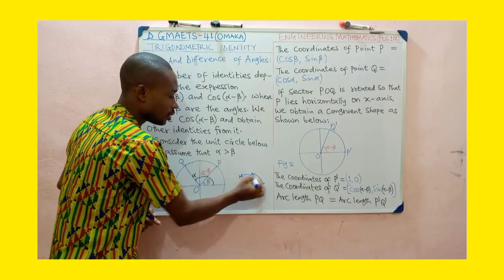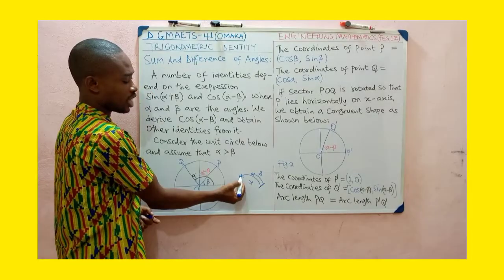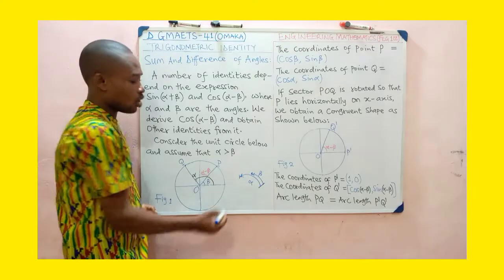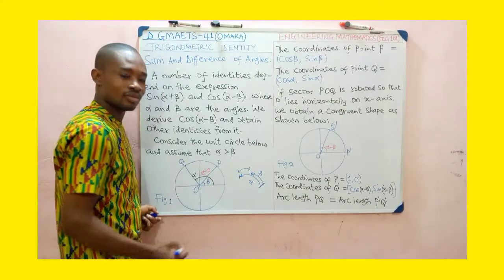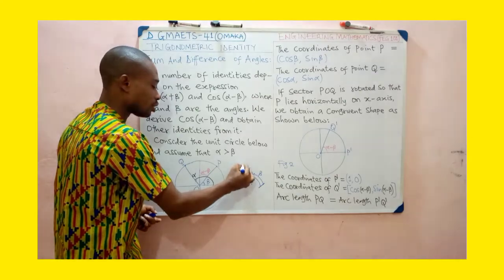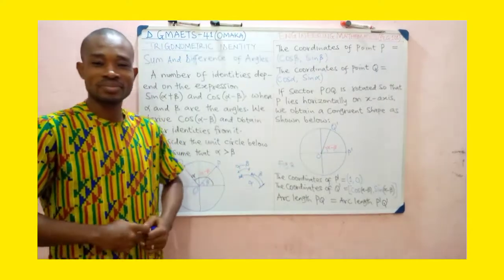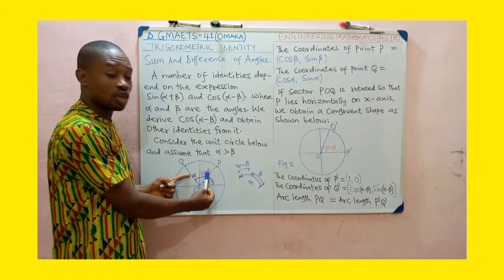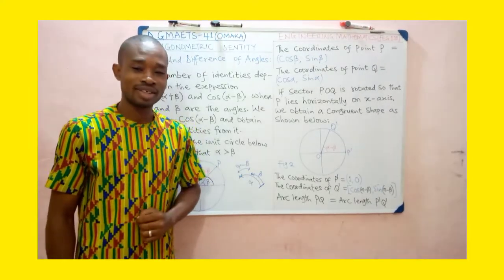Let's call it beta. Now, if from this point to this point is alpha, and from here along it to this point is beta, what is going to be the remaining value of this angle? You know it's going to be the total minus the smaller part within it. Is that not so? So that is how we call the value of the angle between P and Q to be alpha minus beta. I used red marker to show it.